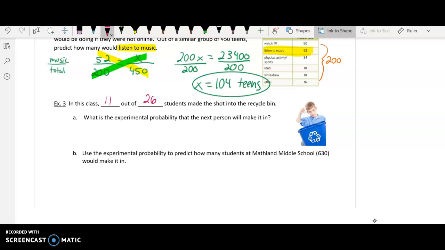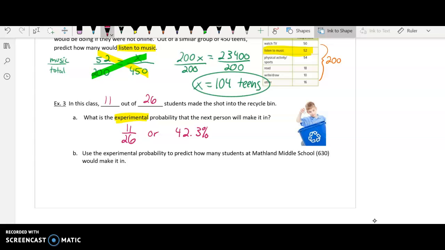All right, so what is the experimental probability that the next person will make it? So, well, we know that 11 out of 26 students have made it. So if I do 11 divided by 26, let's see, that's about 42.3% of students made the basket. So we're expecting that the next person has a 42.3% chance of making the basket.